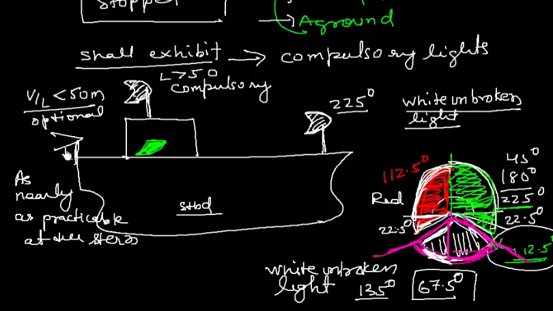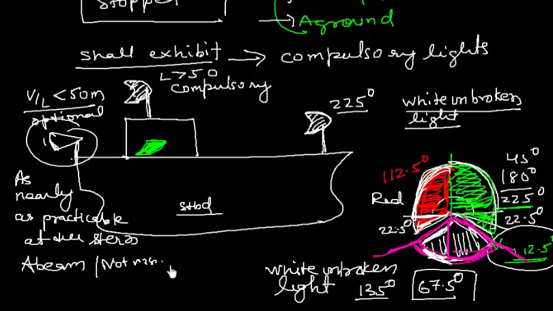So this will show like this only when you are within 67.5 degrees on either side, while if you see from the beam, then the light is not visible.